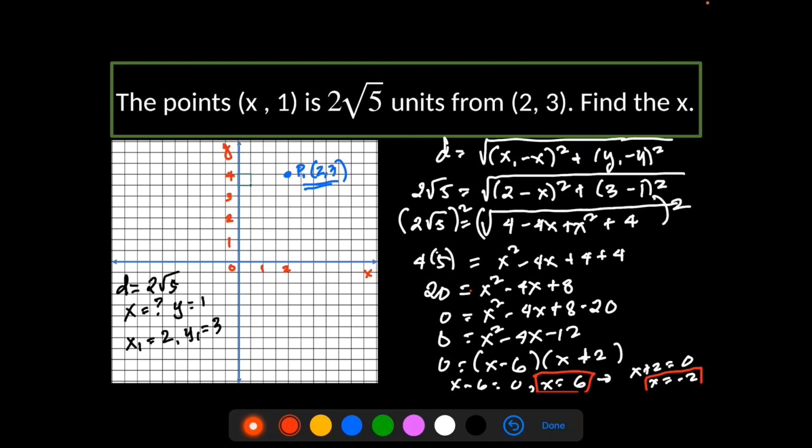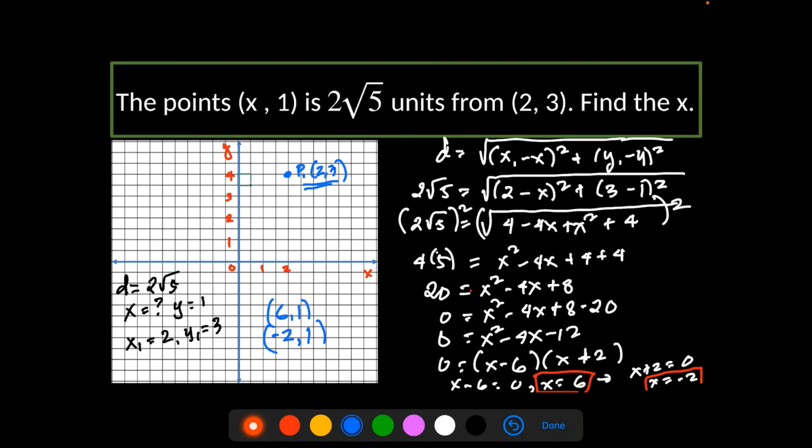Okay, so if we're going to write the two answers here, we will have (6, 1), and the other one is (negative 2, 1).